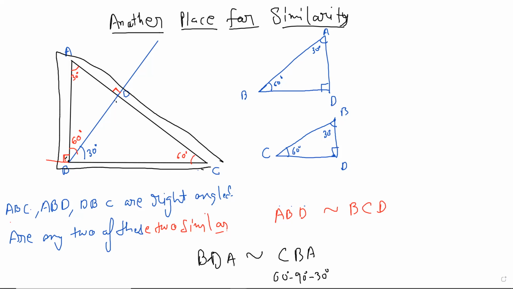Now BDA, you see B is 60 in BDA. So D is again 90, and A is 30. These two are similar, in this order.